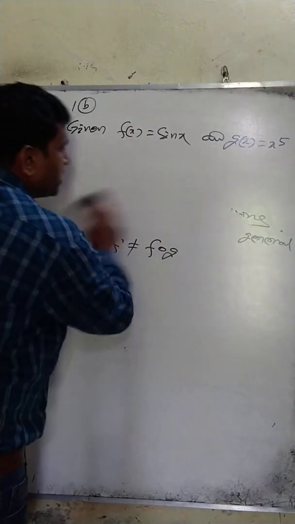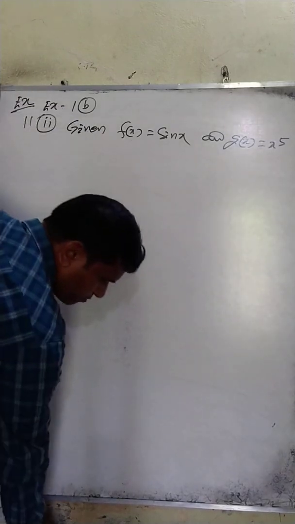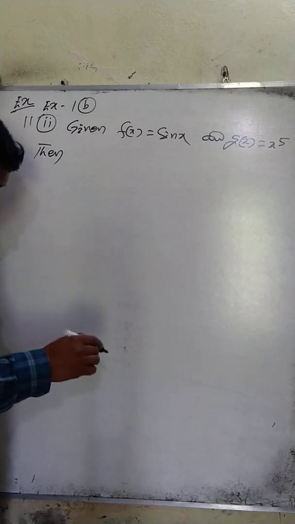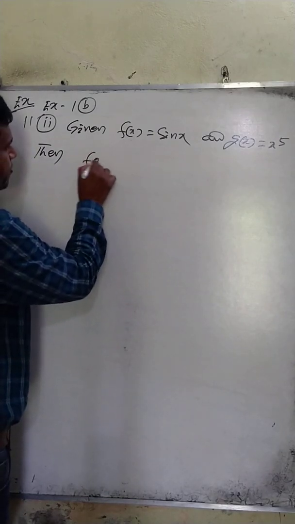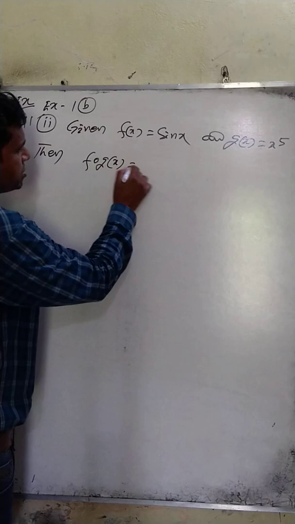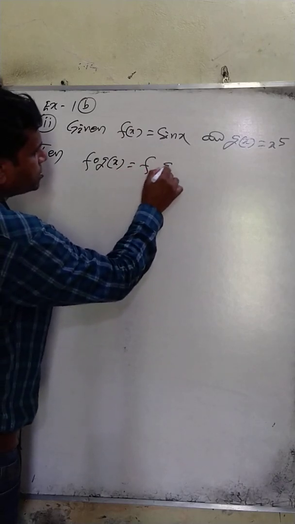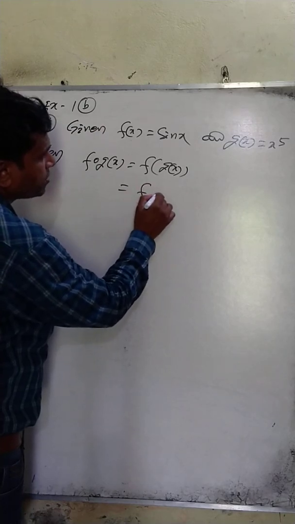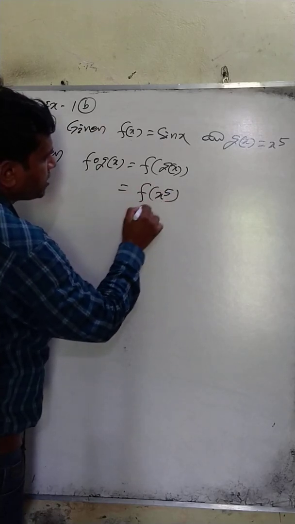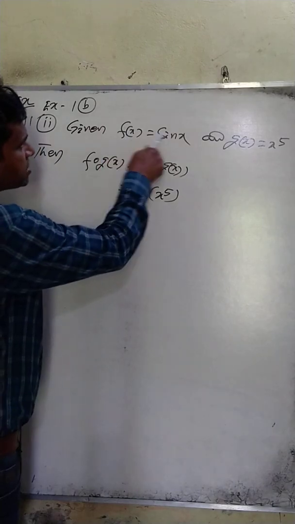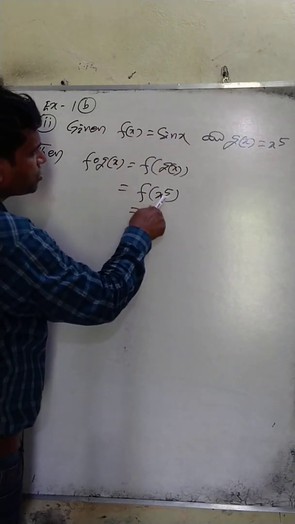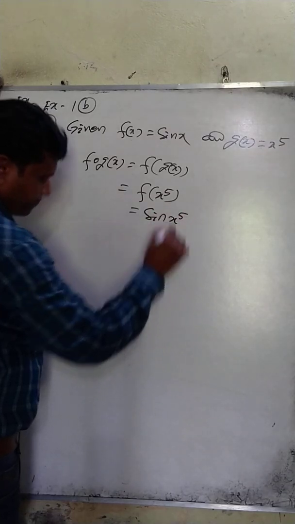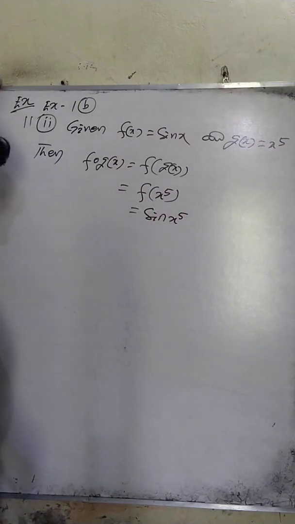We find f composite g and g composite f. Then (f composite g)(x) = f(g(x)) = f(x^5) = sin(x^5).